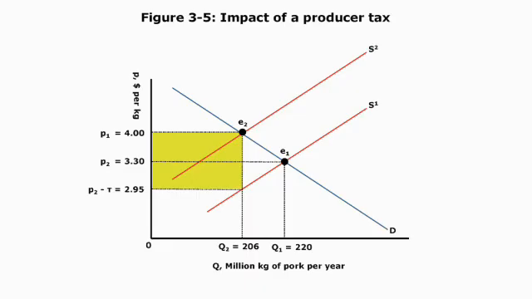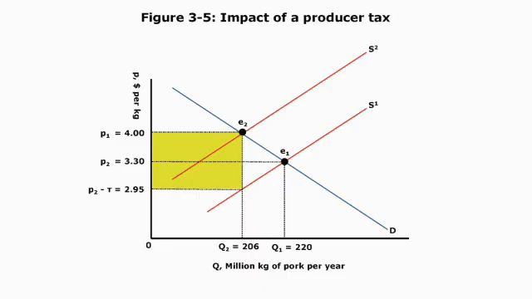We should add this to the graph, actually. If you draw a vertical line up from E1 to the S2 curve, a little dashed line, and then over, that price intersection will be 435. So if you want me to keep producing 220 million kilograms of pork, I'm going to have to get $4.35 a kilogram.